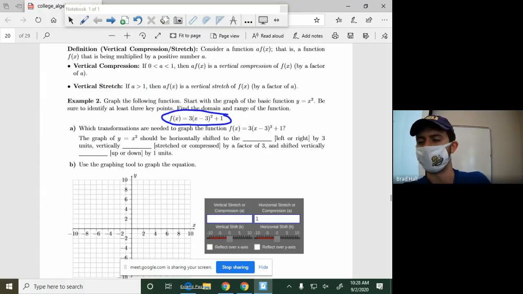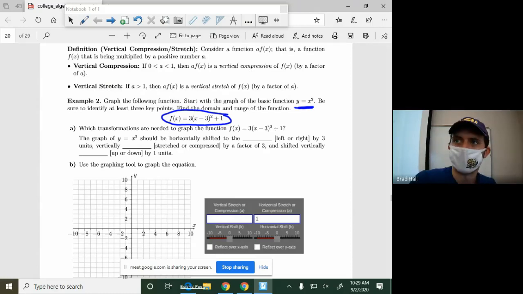And they even tell us what the basic function is. Y is equal to x squared. So if anything, that tells us the shape. We're going to come back to that, though. For right now, we're going to look at part A, and it's asking us to determine the transformations given the graph. So not build the graph from the transformations, but determine the transformations from the function.